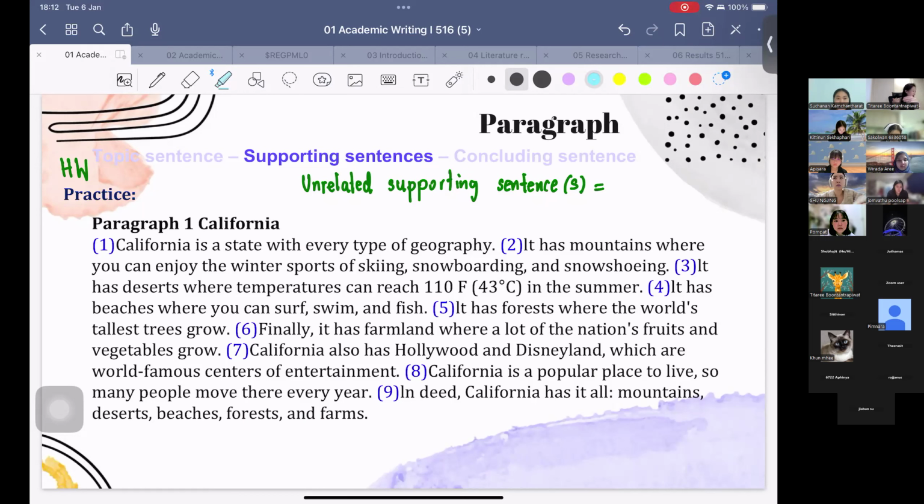So instead of calling your name, I think it would be easier to let everybody type the answer for this homework. Let's take 3 minutes here, maybe a quick read and type the answer. Which sentence or sentences is the unrelated one? Which one do you think is not related to the concept, to the topic?